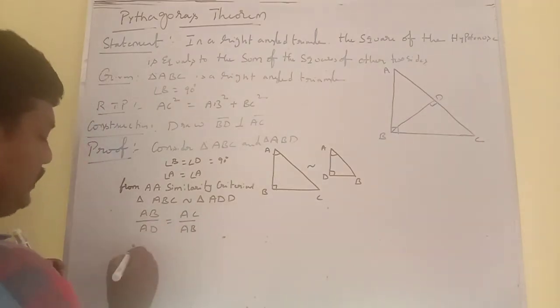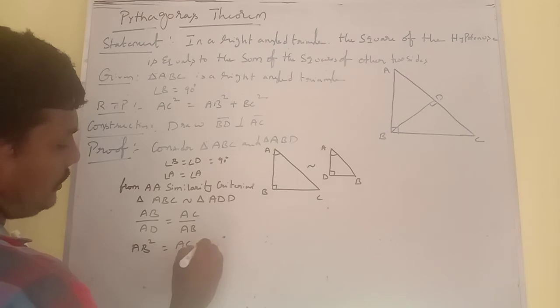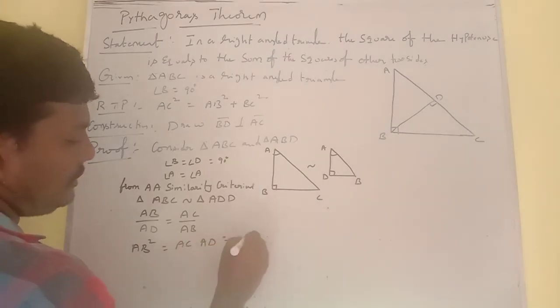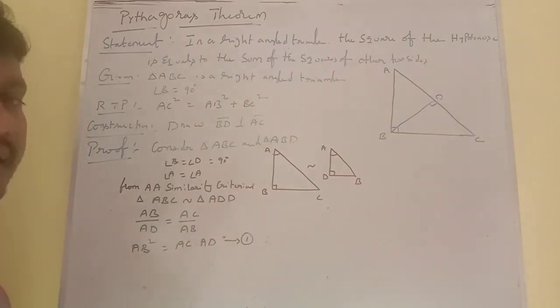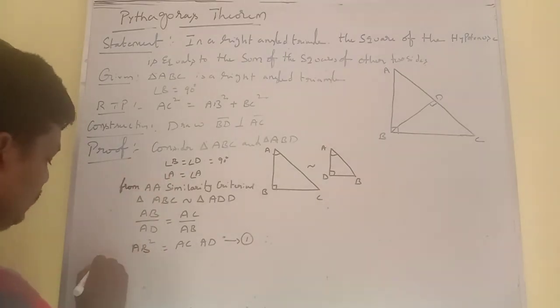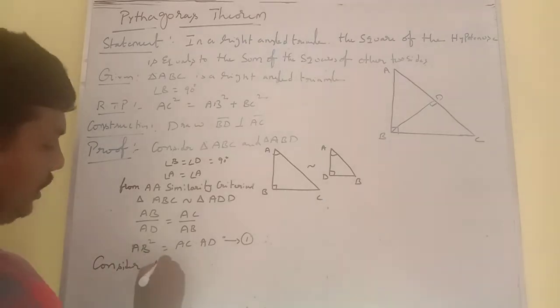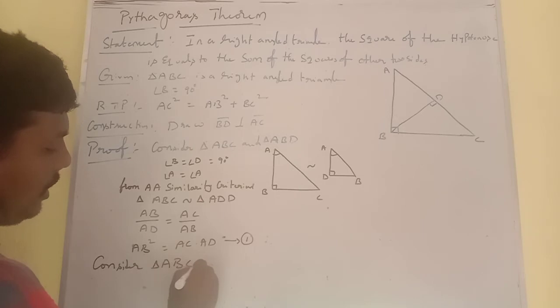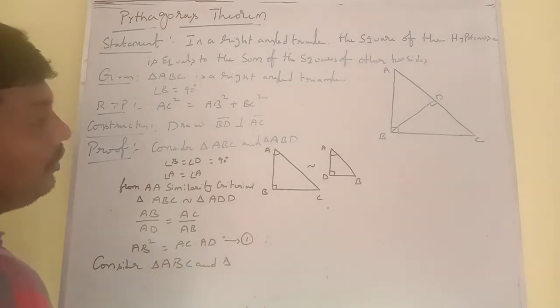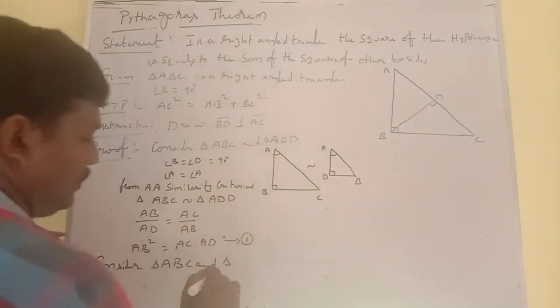If you multiply, AB square equals AC into AD. Make it the first equation. Like that, consider triangle ABC again and triangle BDC.